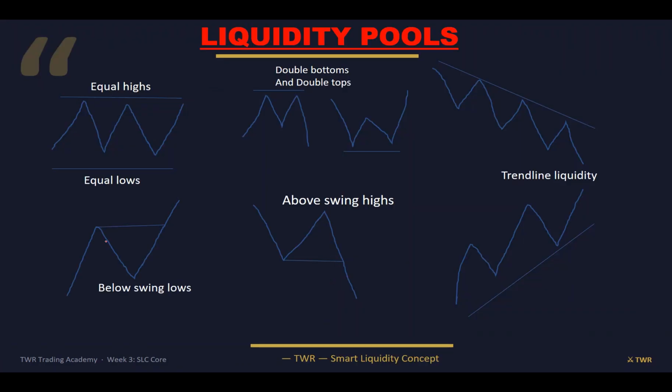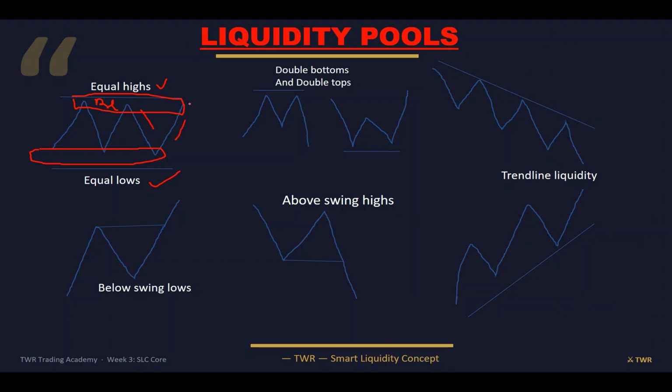The common types of liquidity pools. Number one, we've talked about equal highs and equal lows. Anywhere in the market you see triple or quadruple highs, equal highs, this one is like a support area, this one is like a resistance area. What do retail traders see? When price comes to this resistance level, it sells, comes to this level, then it sells.